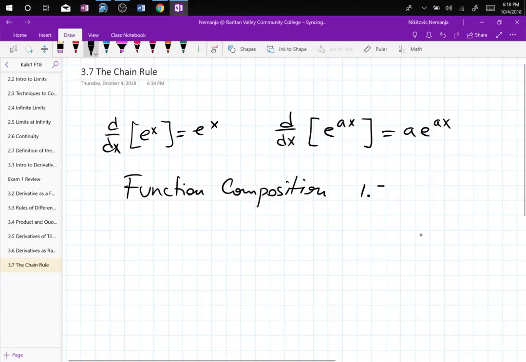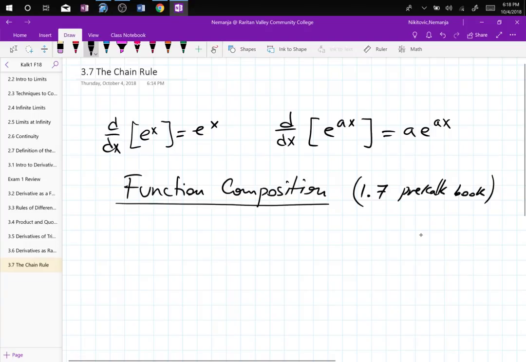This is 1.7 in the pre-calc book. I told you that that book is available free as a reference in the library or tutoring center, so you can go and take a look at the book and also see through those concepts on your own. So, function composition.